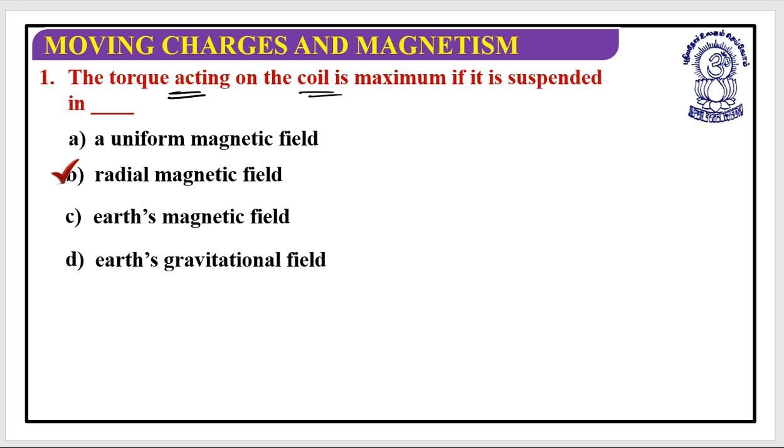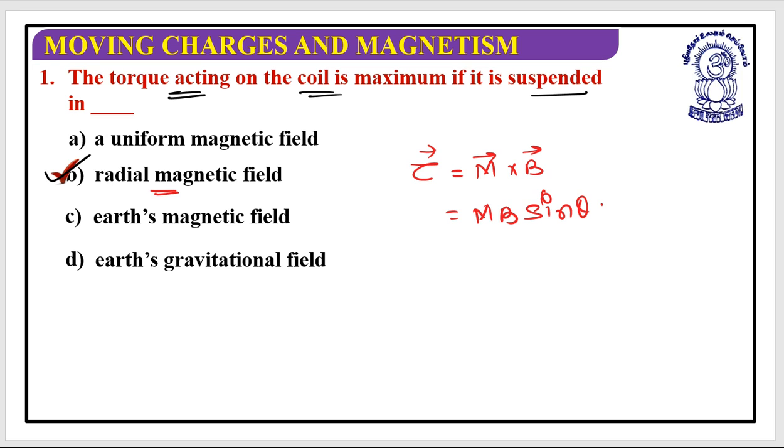The torque acting on the coil is maximum if it is suspended in a uniform magnetic field, a radial magnetic field, the earth's magnetic field, or the earth's gravitational field. It would be maximum in a radial magnetic field. Why? Because torque equals m cross b, which means it is m b sine theta.